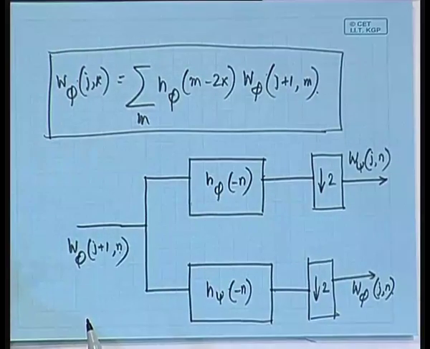Because what happens is that if you are starting with m number of samples for n equal to 0 to m minus 1, then after the low pass filtering you get m number of samples, and after the high pass filtering also you get m number of samples.